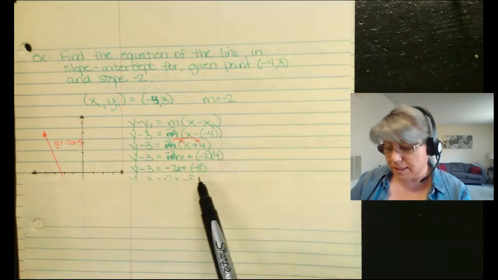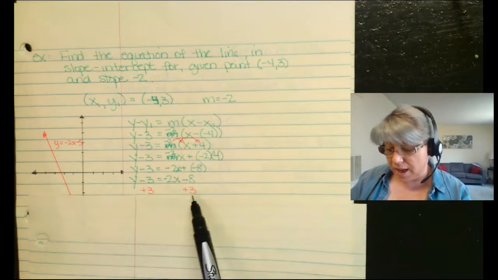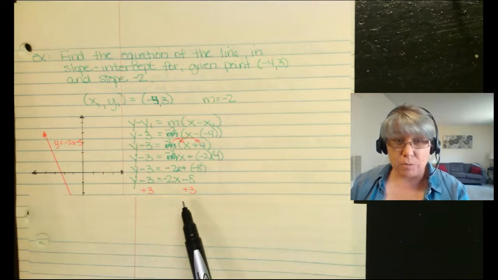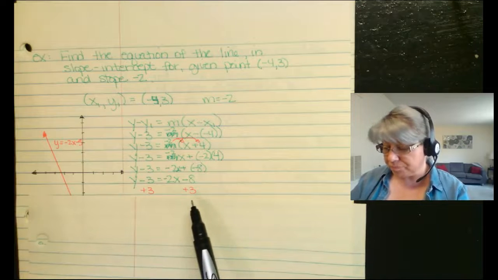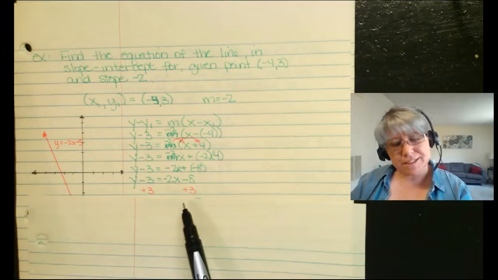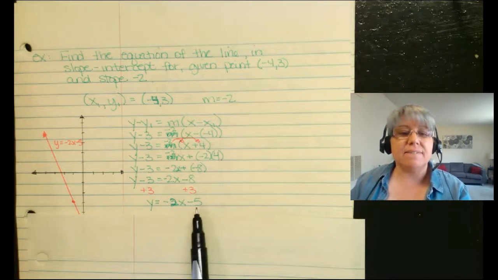Negative 2 times 4 is negative 8. Then I'm going to add 3 to both sides. Remember, I'm just trying to get it to where it says y equals something, and then that would be in the slope-intercept form. So many forms to deal with. y equals negative 2x minus 5.